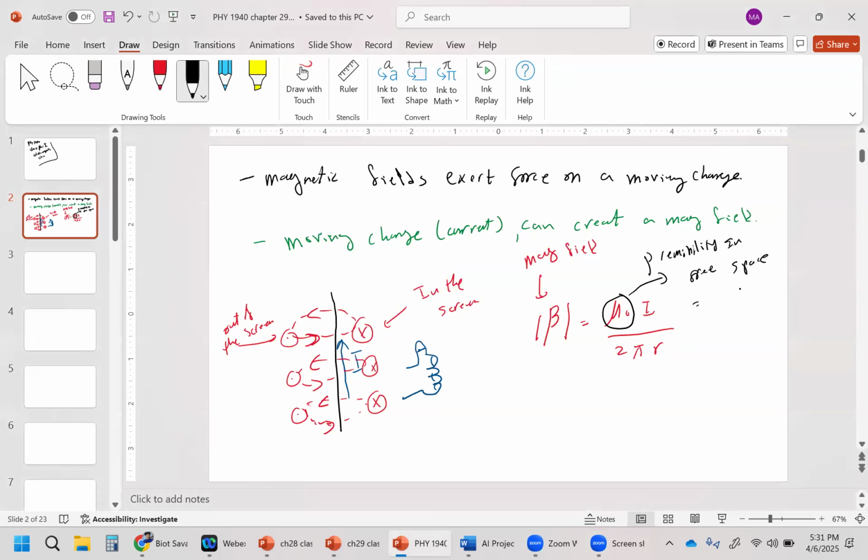And this is going to equal 4 pi times 10 to the negative 7 Tesla meter per amp.